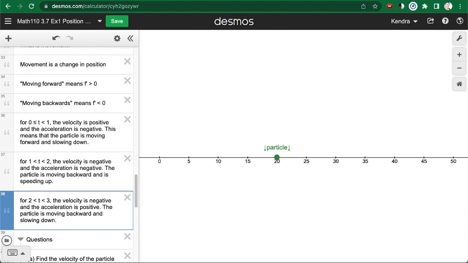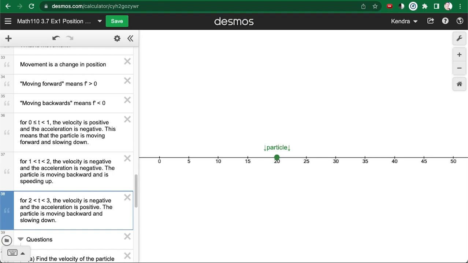If the velocity is, say, 7, then that means the particle is moving forward at a rate of 7 meters per second. If the velocity is -20, then that means the particle is moving backward at a rate of 20 meters per second. So the absolute value of velocity is the speed. And the sign of the velocity, the positive or negativeness, is the direction of the movement.